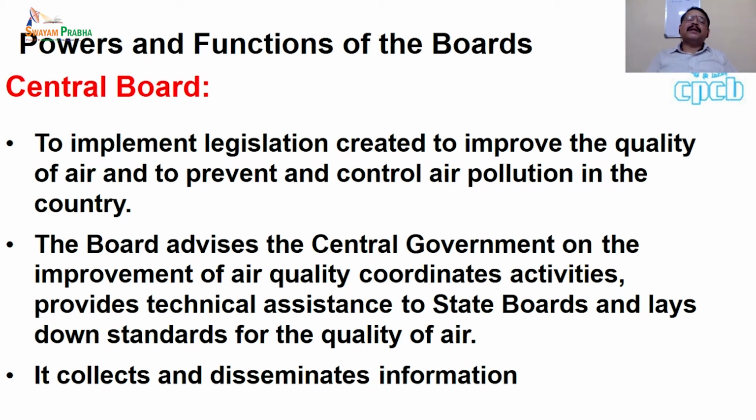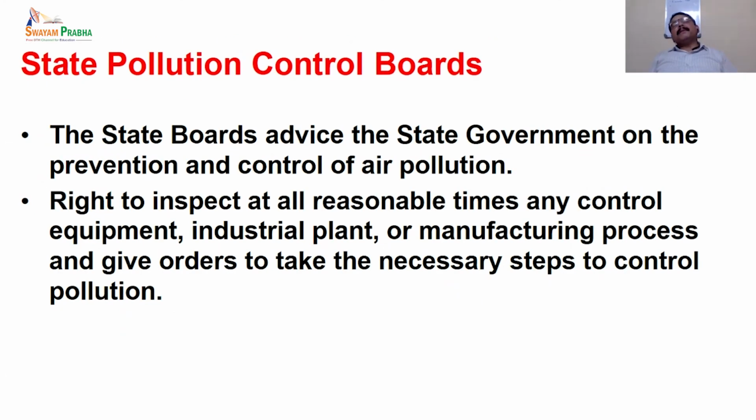It can train the people, coordinate them, provide technical assistance, lay down the standard, and collect and disseminate information to the public as well as to the government. Very particularly, the state pollution control boards come under the state government and get the directive from the central government.